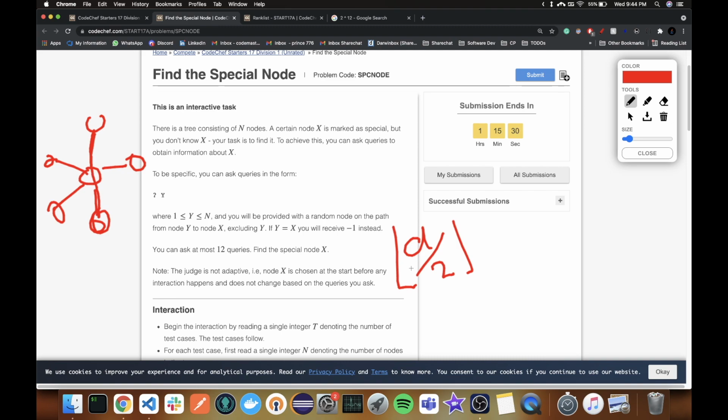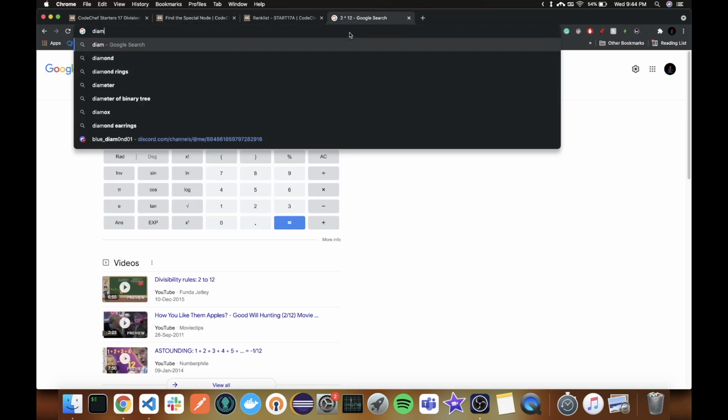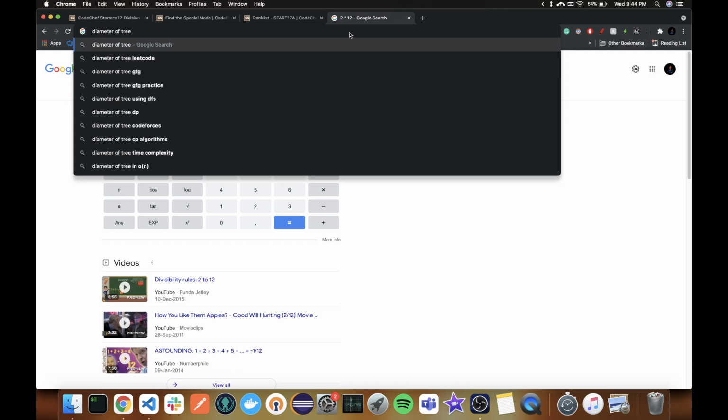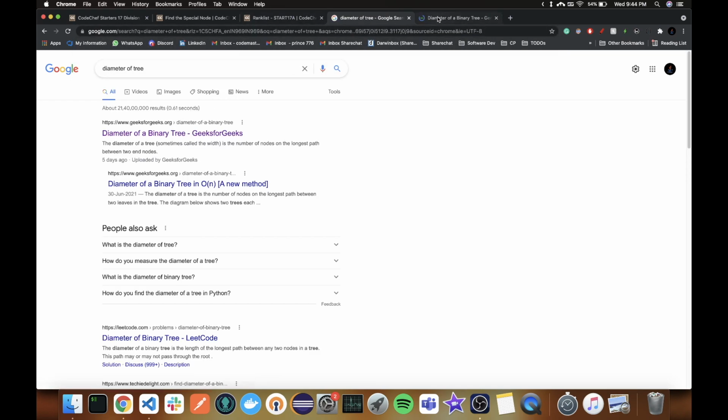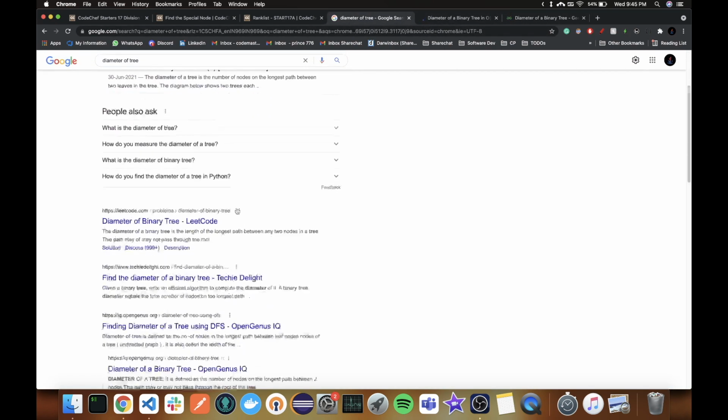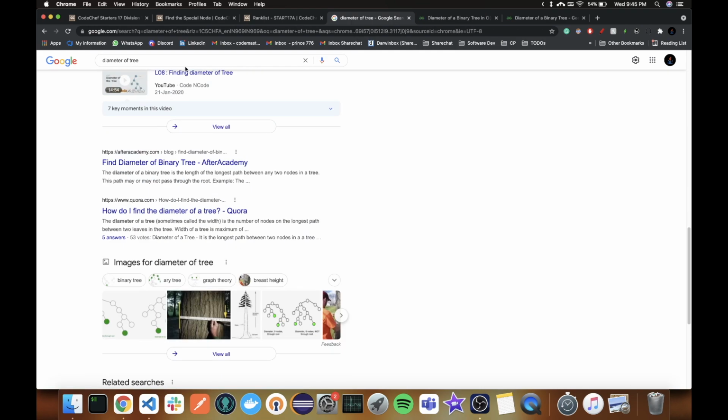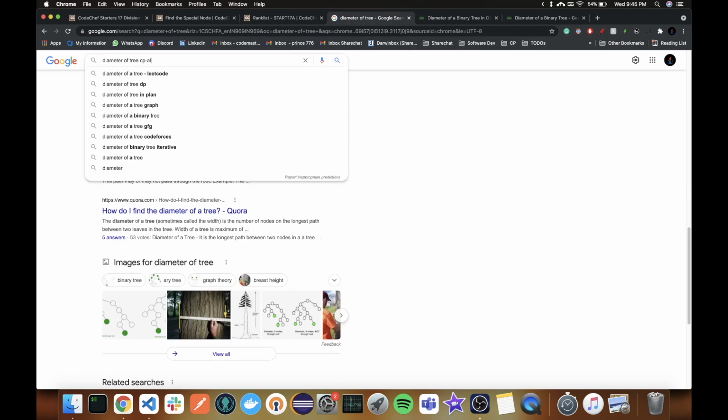So actually, I remove, okay, whatever. I remove around this. So whatever the diameter is, this would get removed, would either answer me. Okay, so yeah, there it also gets reduced. I think it is diameter of tree. How to find diameter of tree? No, not binary tree. CP algo.